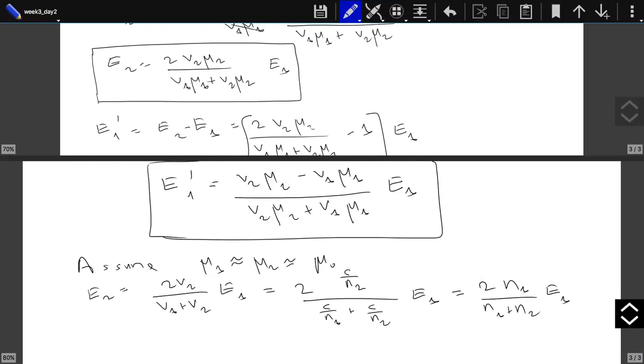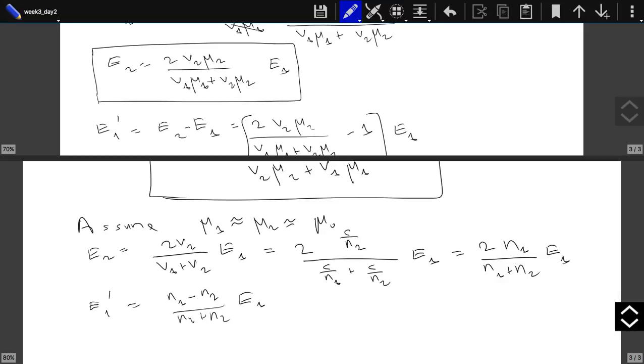And similarly, you can do the same treatment for E1 prime. This will be equal to N1 minus N2 divided by N1 plus N2 times E1. So it's basically the refractive indices of the media which, to a large extent, determine how much of your incident wave is reflected and how much is transmitted.